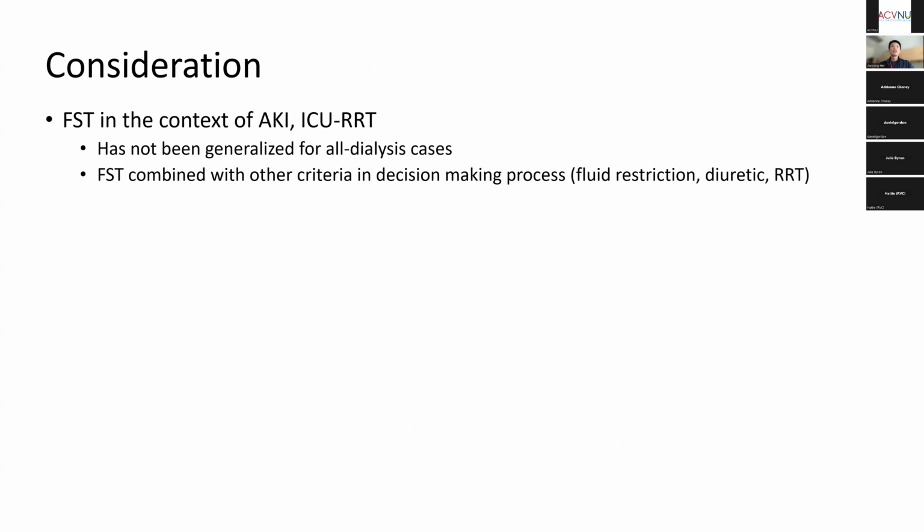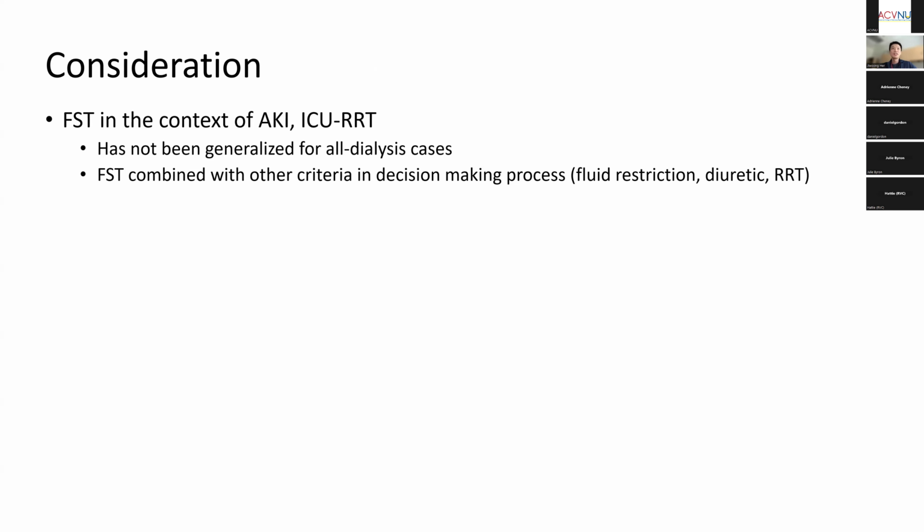So the last consideration: again, the context is a bit different. This is a narrow patient population in human trials, in AKI, ICU, and also renal replacement therapy. So it's not a generalizable test for all dialysis cases, including IHD or chronic dialysis.